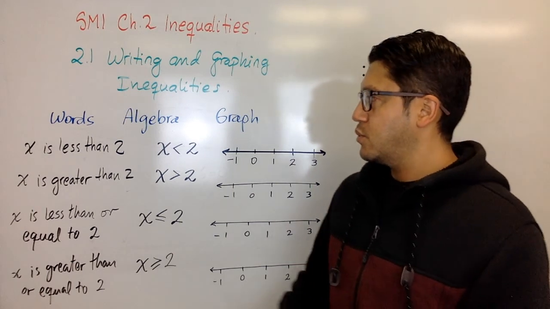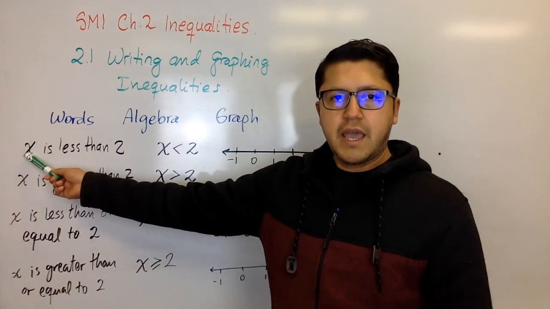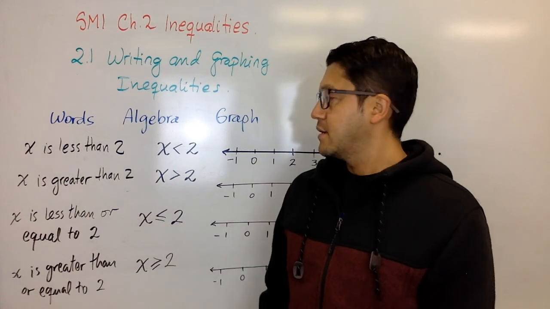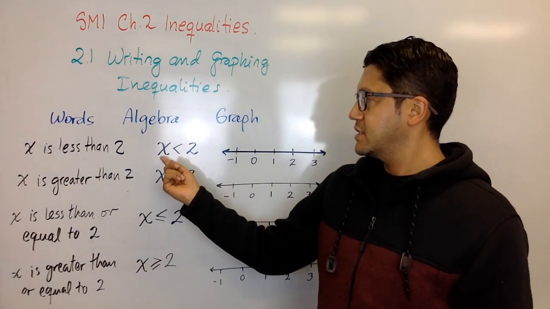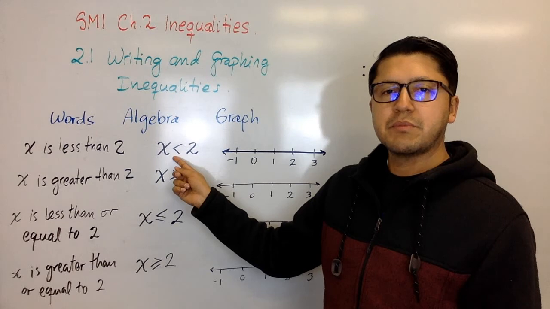So we're going to start with the first one, where a number x is less than 2. In this case, the algebraic form of it is x less than 2. Remember the symbol.